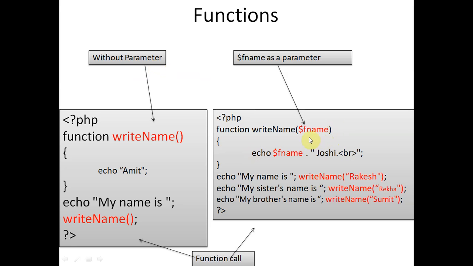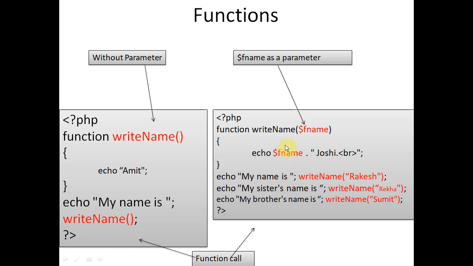Here we are passing one parameter $fname, and we are printing this parameter by echo $fname, and then this dot represents concatenation, and the second string is Joshi, and after that we have mentioned br, so it will break the line and move to the next line. So fname is the name of the variable and Joshi is the surname.